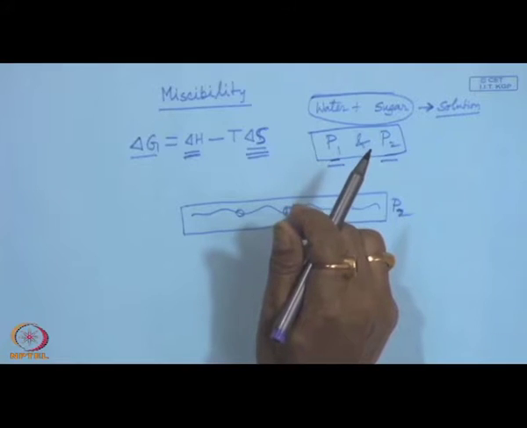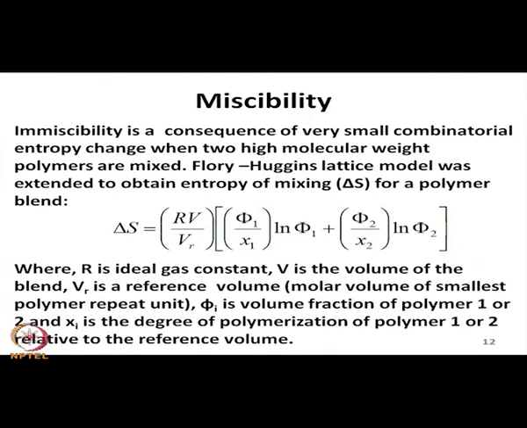Now, there are various models to explain the immiscibility or miscibility of the component polymers, and this immiscibility is a consequence of the very small combinatorial entropy change when two high molecular weight polymers are mixed.